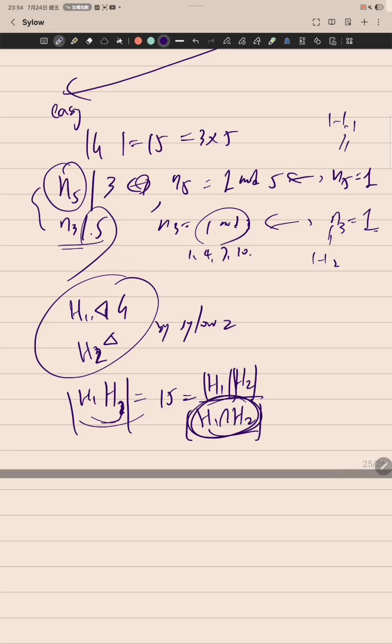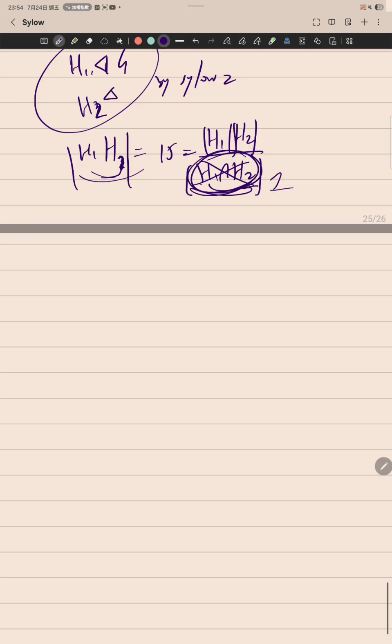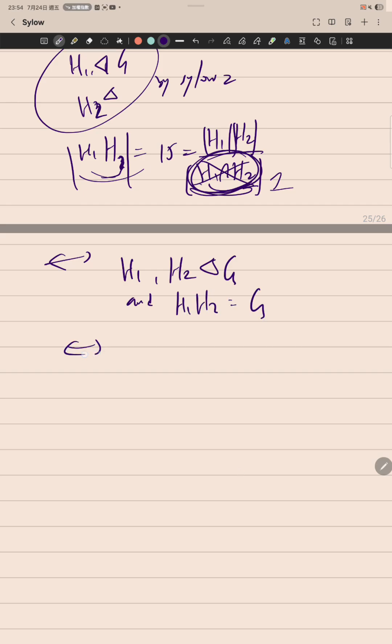The intersection must also be a subgroup, but 3 and 5 are coprime, so it must be trivial. So H1 and H2 are normal in G, and H1 times H2 is exactly G. So G is isomorphic to H1 direct sum H2, so Z mod 3Z and Z mod 5Z.